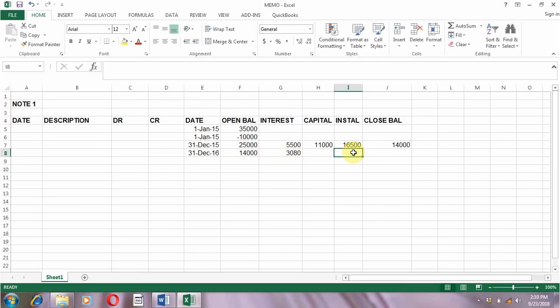The installment given was 17,080 Rand, which I type in, and I will then calculate the capital by taking the installment minus the interest, which gives me 14,000. The closing balance will then be as follows. Take opening balance, add interest, minus the installment, and you are left with 0.